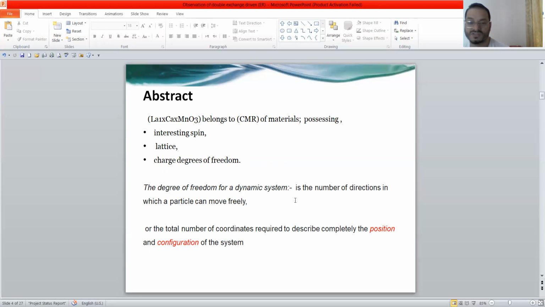The first one is the position, the second one is the configuration.